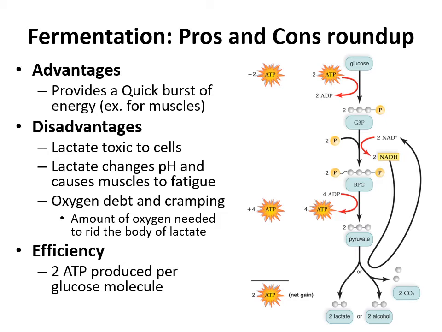So a cell wouldn't want too much fermentation to keep happening. There's a limit. If you think about muscle fatigue, if you've ever worked out too much, you know what happens as a result of these toxic byproducts building up. But again, it still has its value. It still gives the cell 2 ATP, which is better than no ATP.